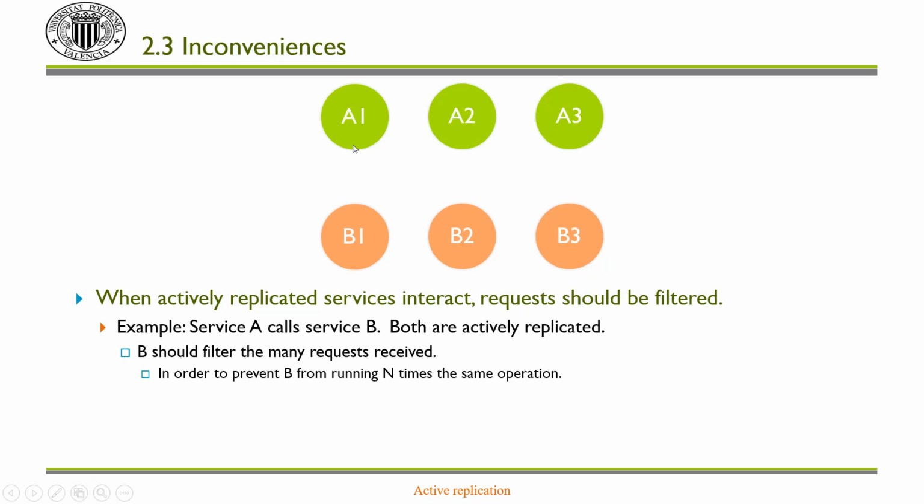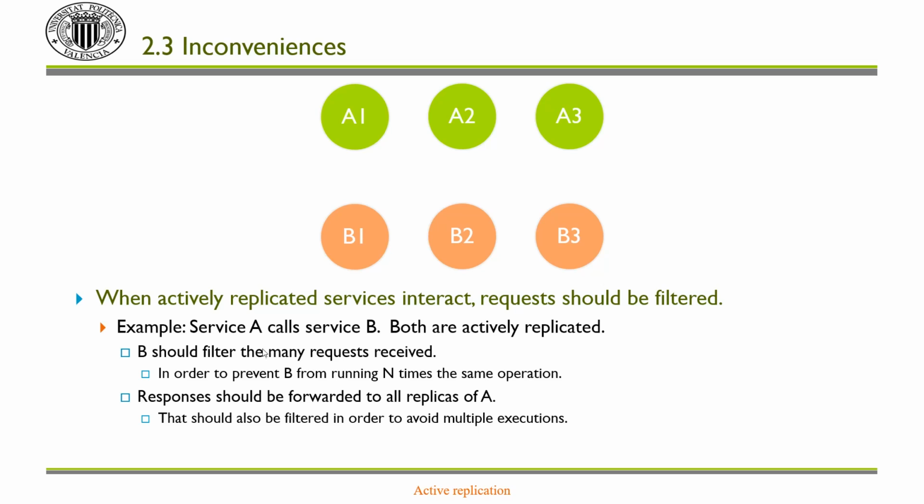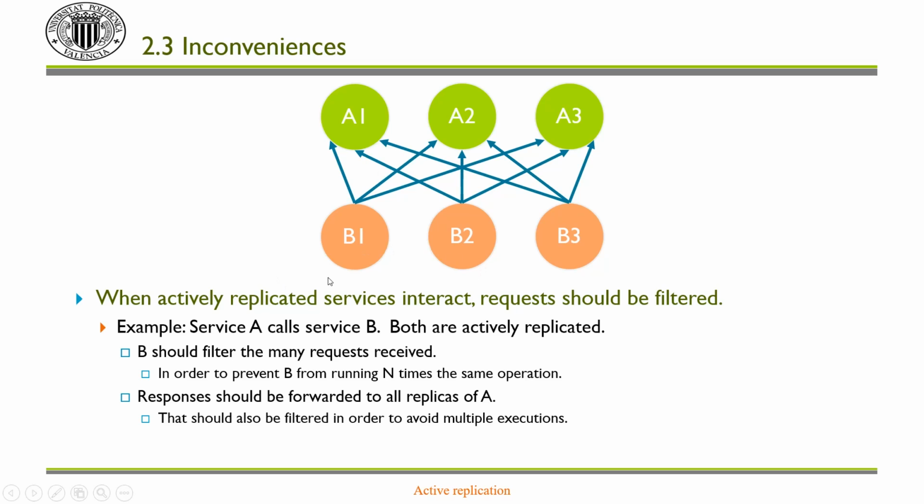Indeed, here, using 3 replicas for each service, each instance of B will receive 3 identical requests. So, it should filter those requests in order to get a single execution of those requests. Responses from B to A should be forwarded to all replicas of A and should also be filtered, as depicted in this scenario.